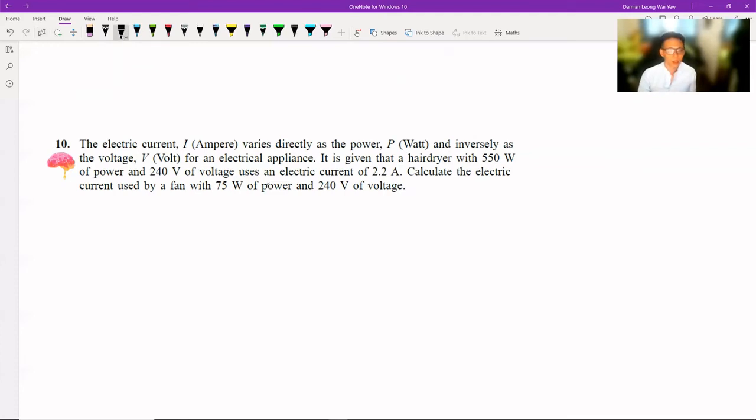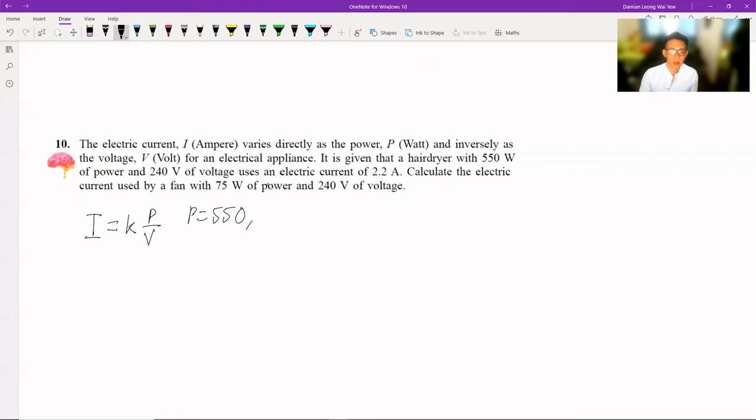So again, we look at it part by part. Electric current I, so it starts with I, varies directly, means equals a constant times the power P on top, and inversely means that will go below, the voltage V below, for an electrical appliance. It's given a hair dryer with 550 watts, means P is 550.